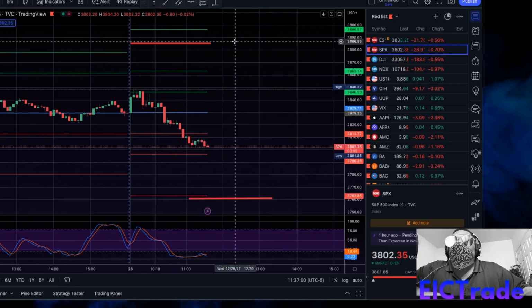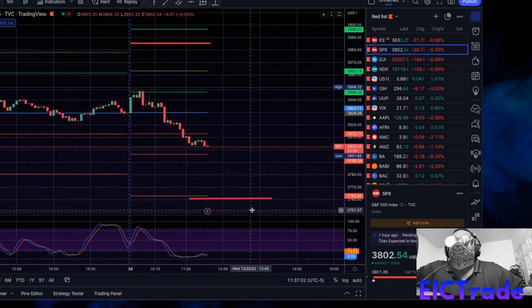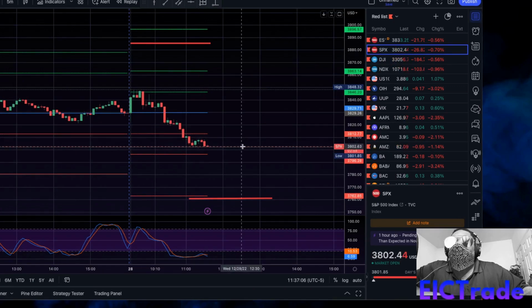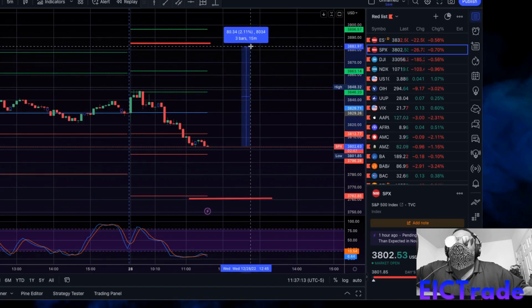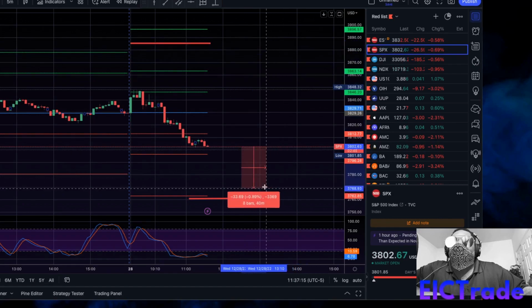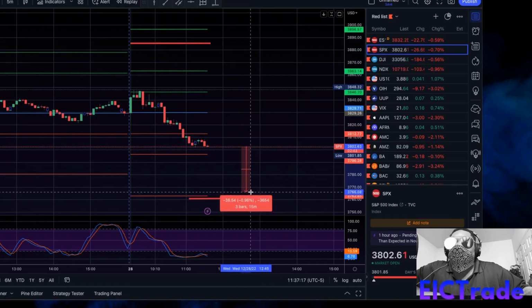But we got a nice wide iron condor at this point. Right now, I am 40 points away from the market, so I'm a whole percentage point away. This trade is basically a done deal. You don't even have to look at that anymore.